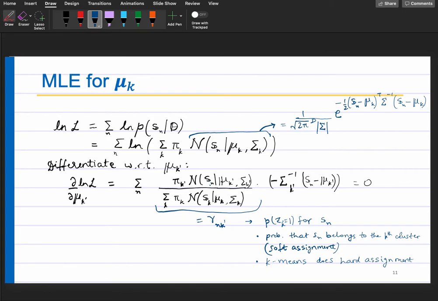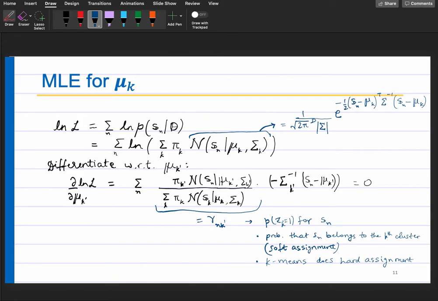If you compare it with the softmax function, this is the probability that my S belongs to this cluster divided by the probability that S belongs to any other cluster, right? It is summed over all the clusters. So this is a kind of soft assignment term.